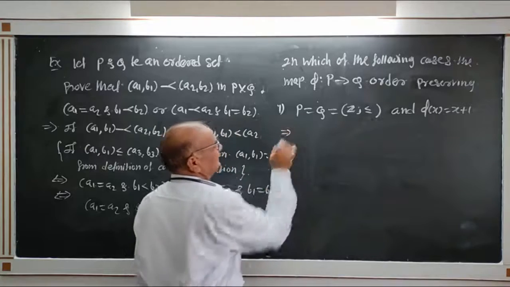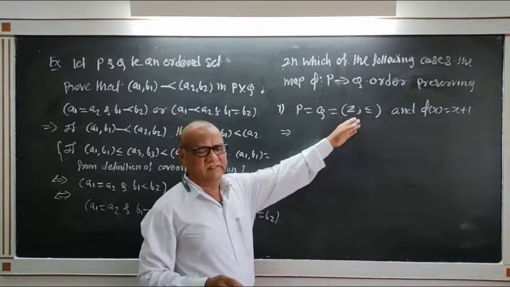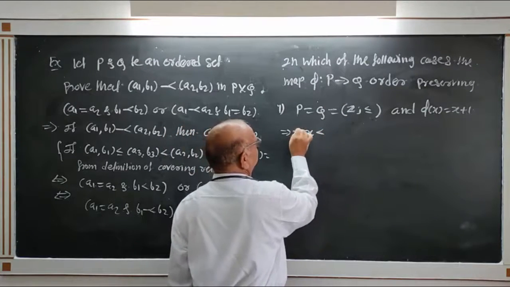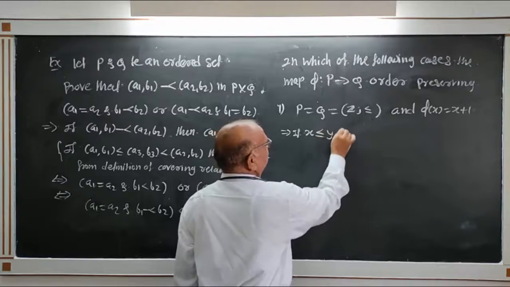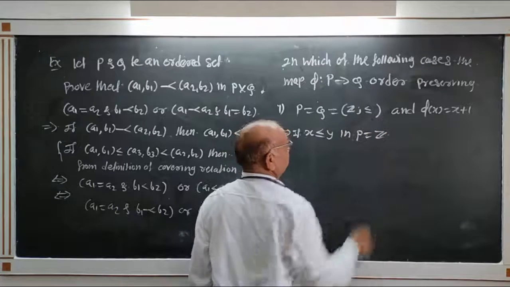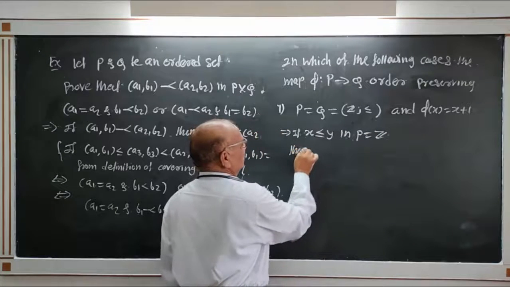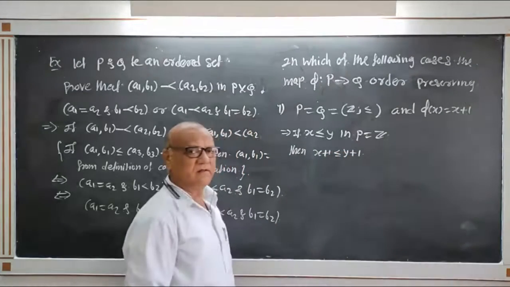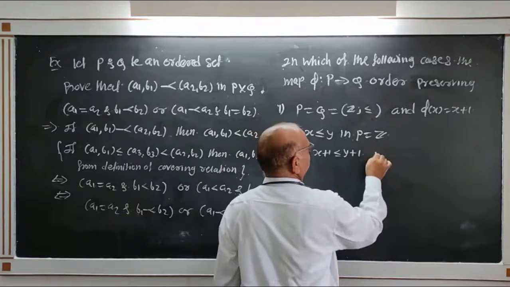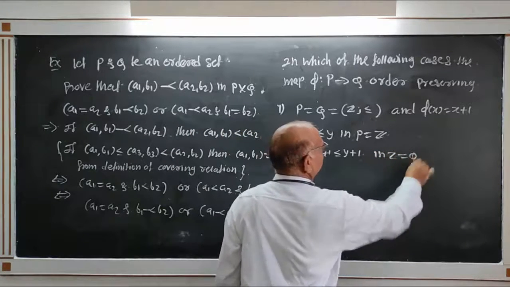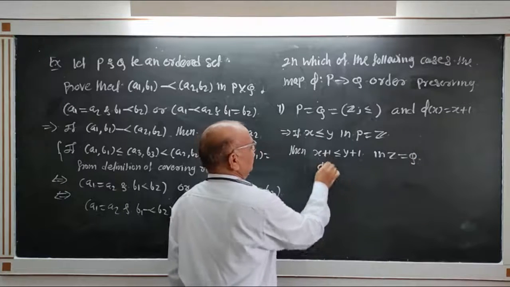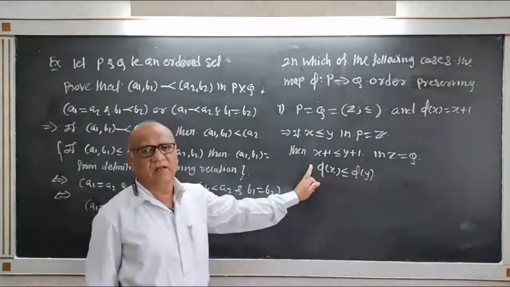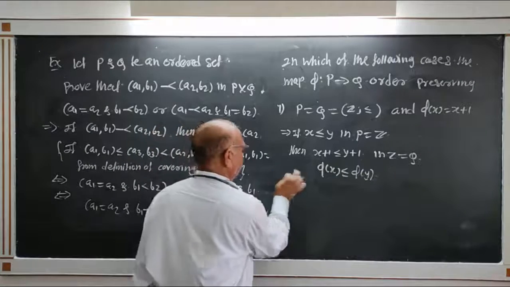Here, if x is related to y in P, then x plus 1 is related to y plus 1 in Q, and this gives phi of x related to phi of y. So phi is order preserving.